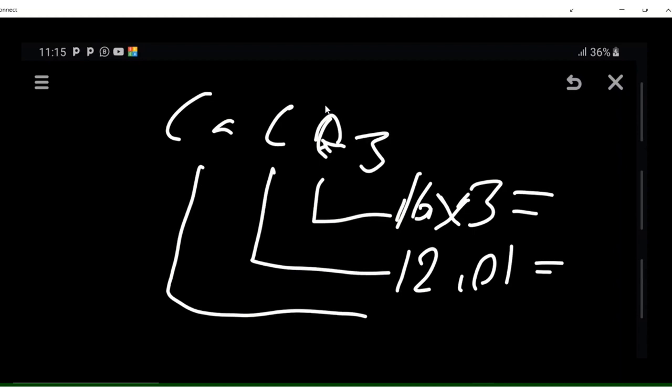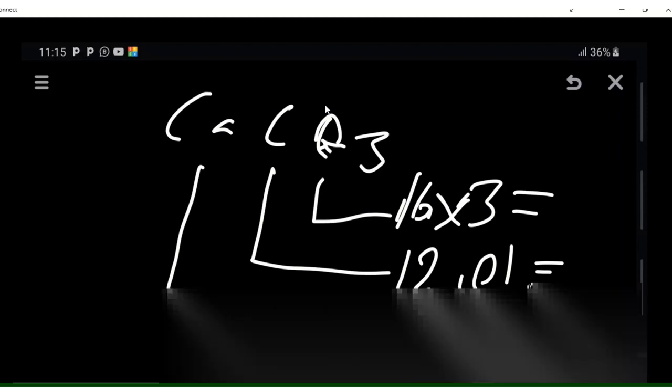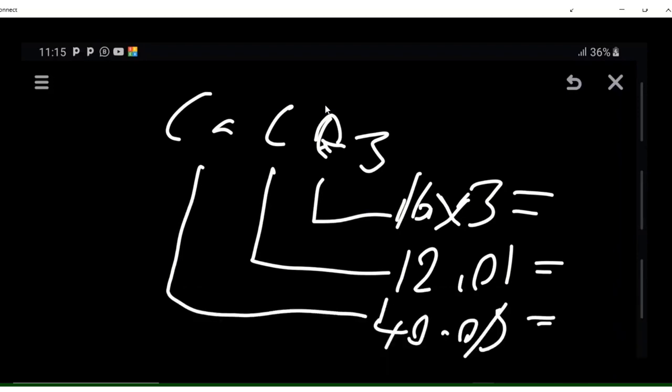Calcium is 40.08, multiplied by 1 since the subscript is 1, so it stays the same.